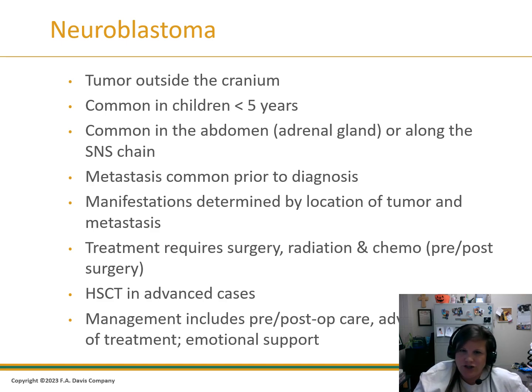Management, as far as the nurse goes, is going to be both pre and post-op care. Our post-op care focuses on fluid, maintaining hydration, respiratory care, preventing infection for this patient, and providing emotional support, whatever that looks like for that patient specifically.